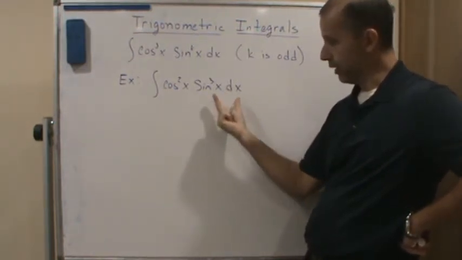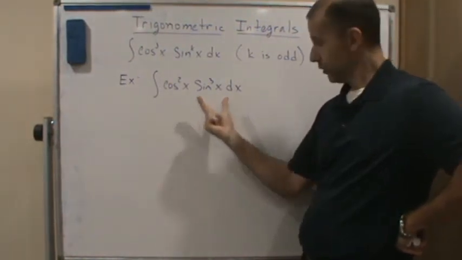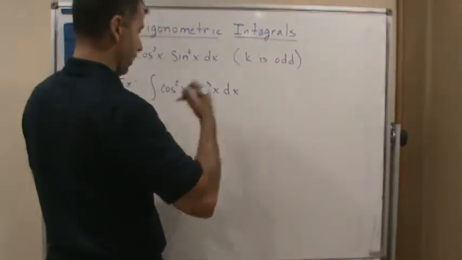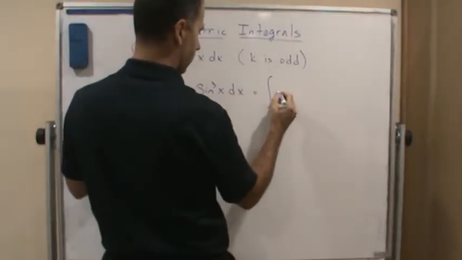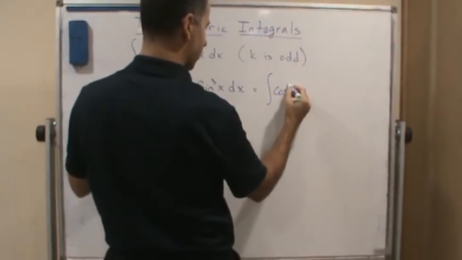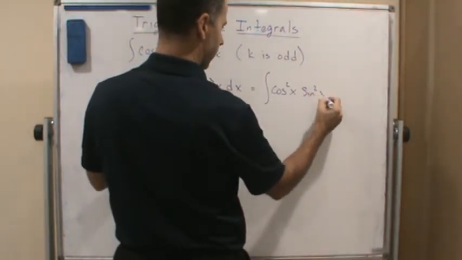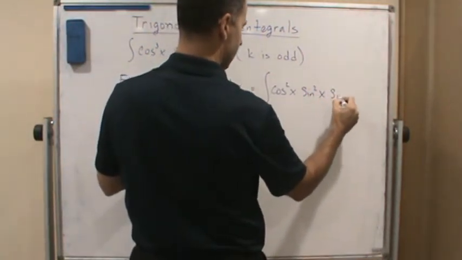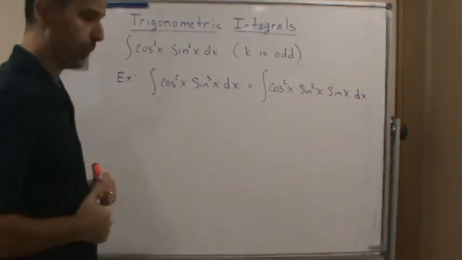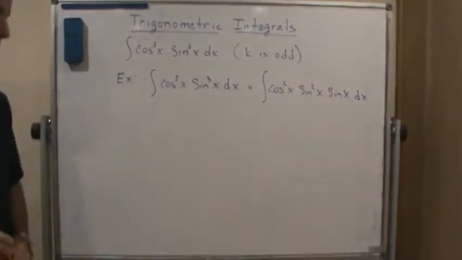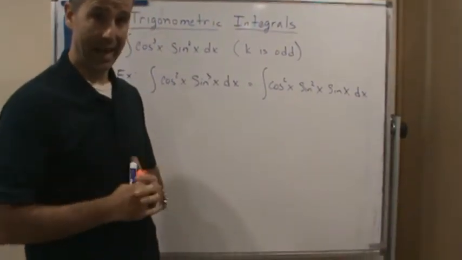So let's do that. I'm going to rewrite this as the integral of cosine squared x sine squared x sine x dx. And you're probably wondering, why would I do that? Because of what you're going to see next.